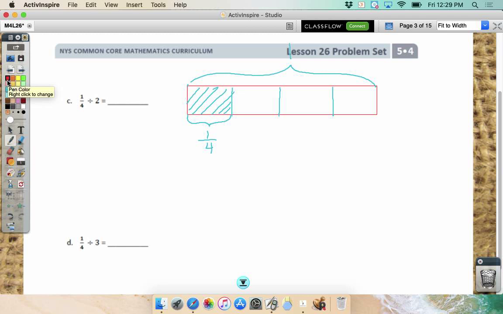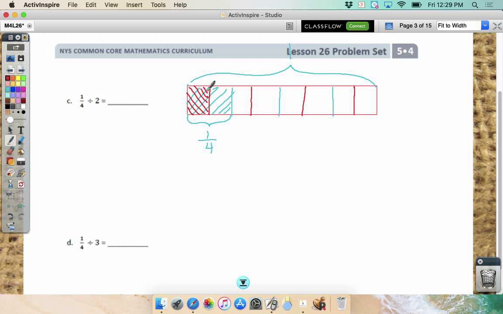And how many friends are they sharing that 1/4 pan of brownies with? 2 people. So divide each fourth in half. And double shade the first box.